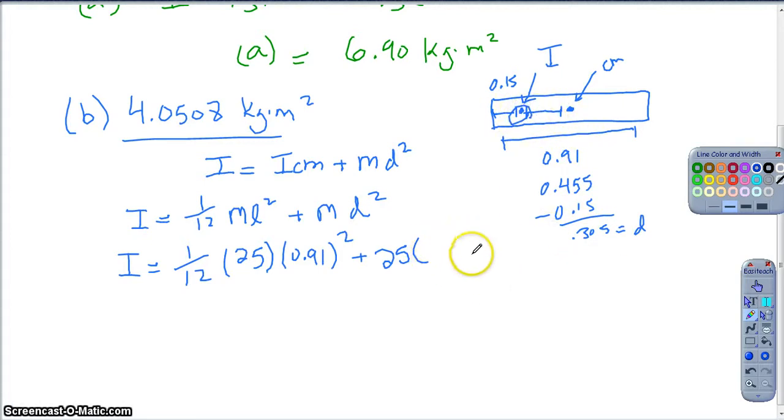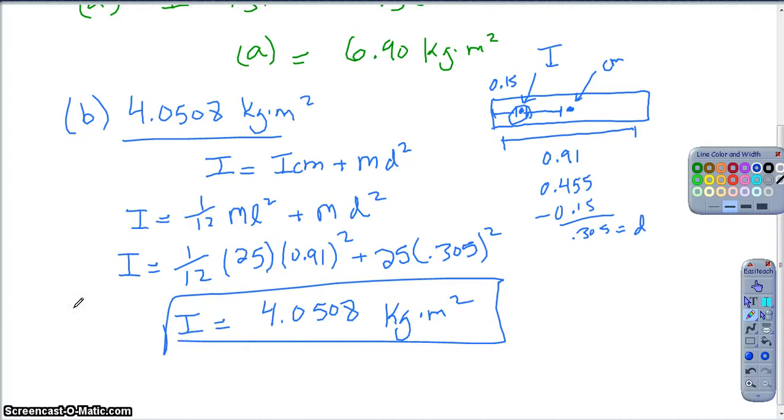That's where the 0.305 comes into play, squared as well. So my moment of inertia for this point, 15 centimeters away from the edge of the door, comes out to 4.0508, and obviously you could round that off a little bit. That's where I got that moment of inertia from.